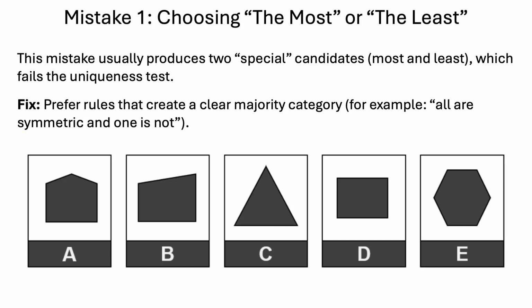And below we have an example. So C stands out for having the fewest sides, where E stands out for having the greatest number of sides. Now, since both fewest sides and most sides both create an outlier, that approach fails the uniqueness test. So instead, a better majority rule is based on vertical symmetry.